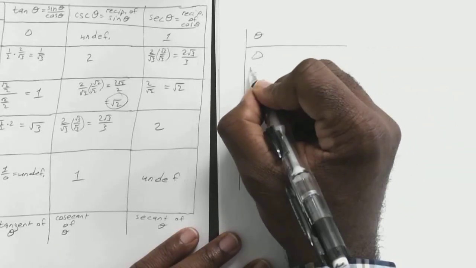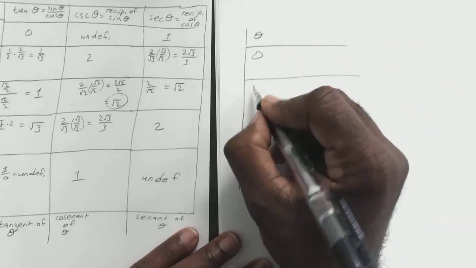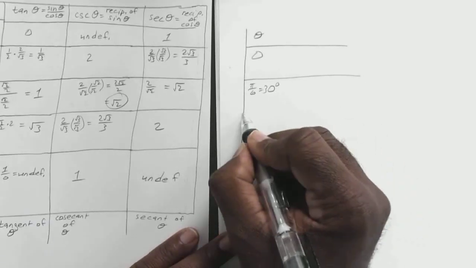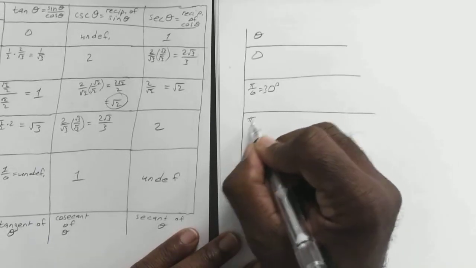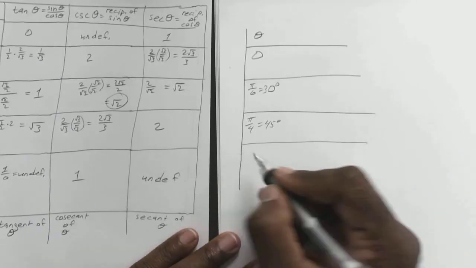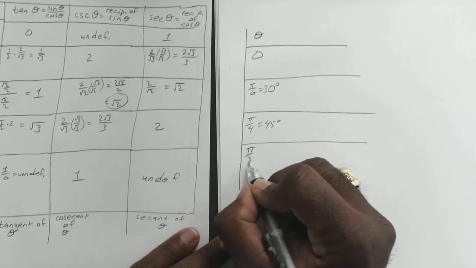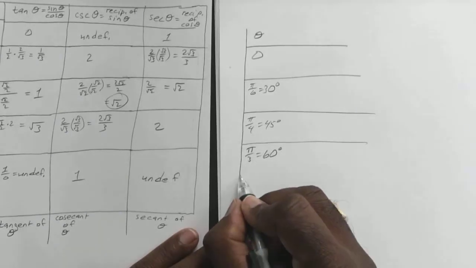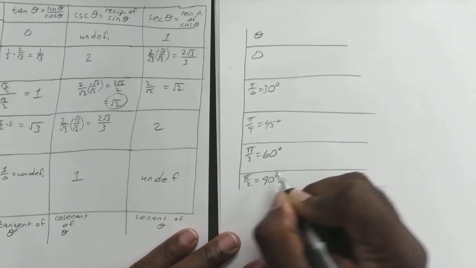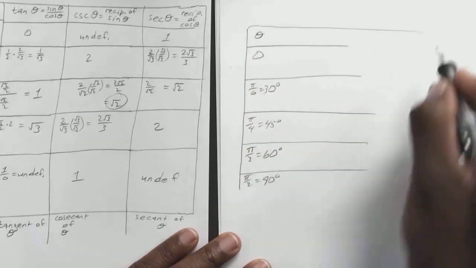And theta, make that equal 0. Pi over 6, which is 30 degrees. Pi over 4, which is 45 degrees. Pi over 3, which is 60 degrees. And pi over 2, which is 90 degrees.